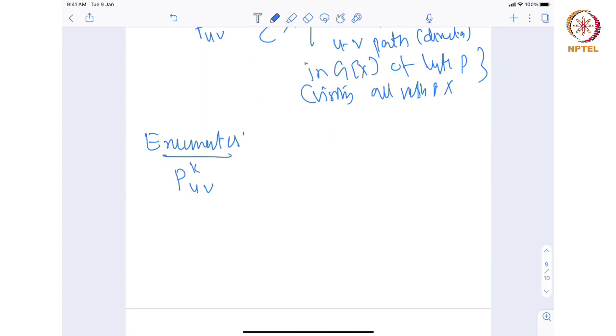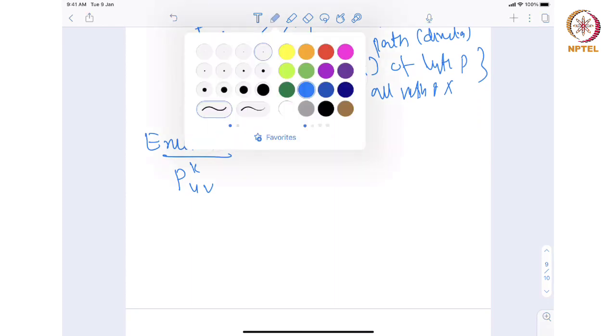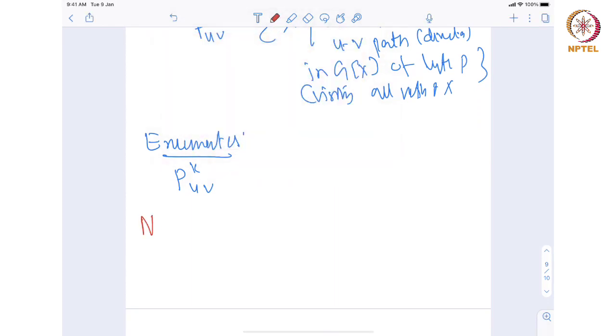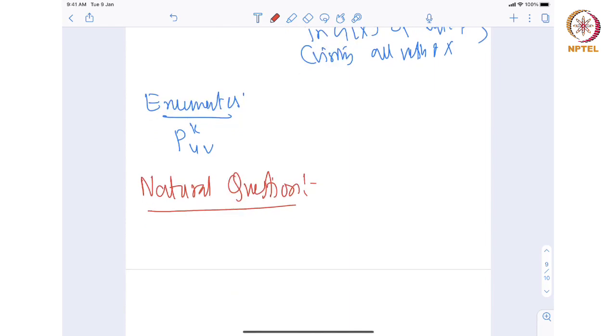Natural question: do we need to enumerate all?